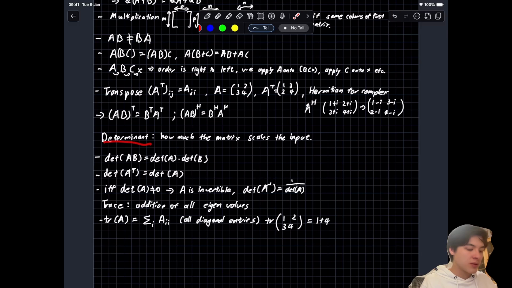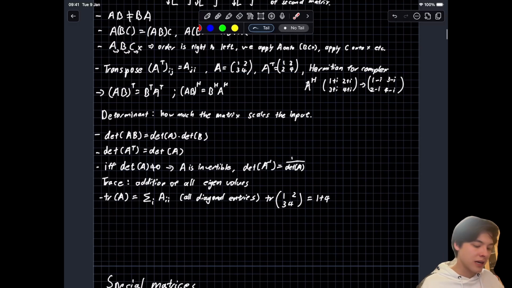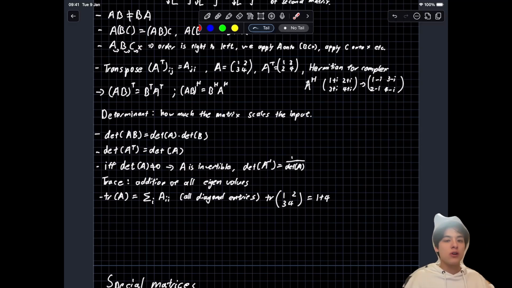And the determinant, we already looked at it a bit. It's the eigenvalues multiplied together. It's how much the matrix scales the input, so how much the volume grows. For example, if we look at the example, let me get back to my laptop.